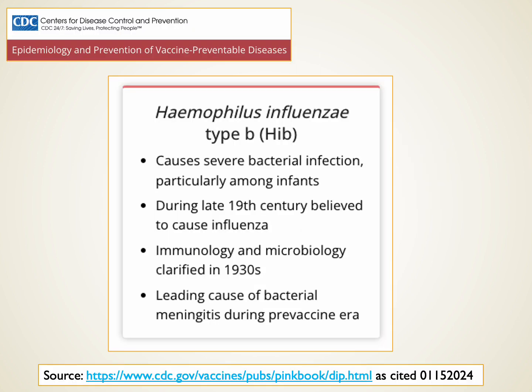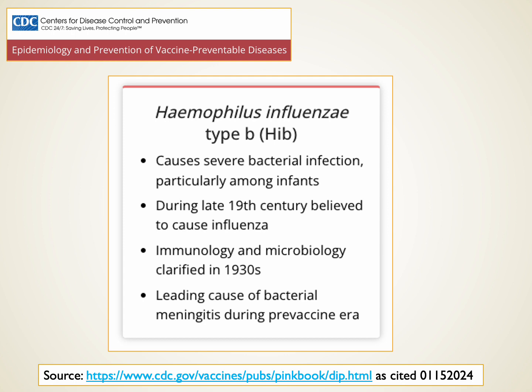Haemophilus influenzae type B, a subset of Haemophilus influenzae, causes significant bacterial infection in infants and adults. It's been around a long time, but was not discovered until the late 19th century. At that point, this bacterium was believed to cause influenza, hence its name, Haemophilus influenzae, which is not to be confused with the influenza virus.